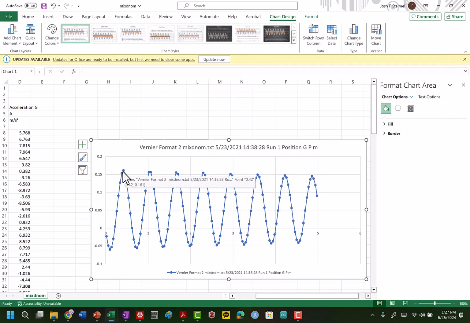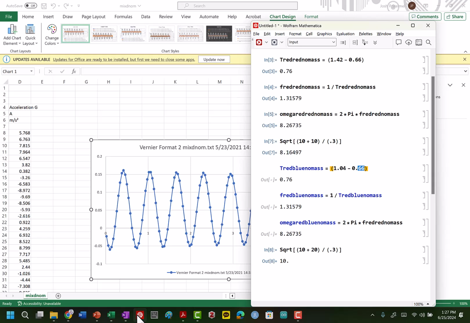This point was 0.42. And we can look at this. We see it's definitely faster, and we saw in the video too, so that makes sense. Slightly faster here. Red, blue, no mass, and voila, beautiful.